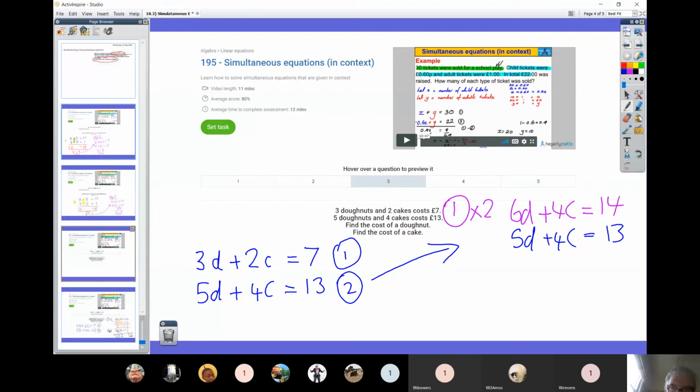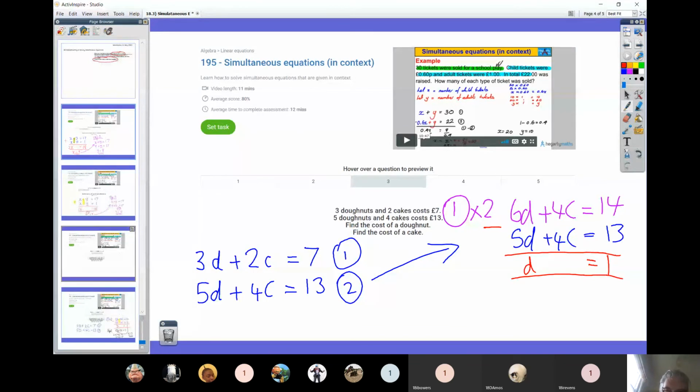Well, no. If I add them together, I'm going to get 4C plus 4C, which is 8C. I don't want any C, so I'm going to choose to subtract the bottom equation from the top one. So when I subtract the blue one from the purple one, I get D equaling 1. So I know that the cost of a donut is £1.